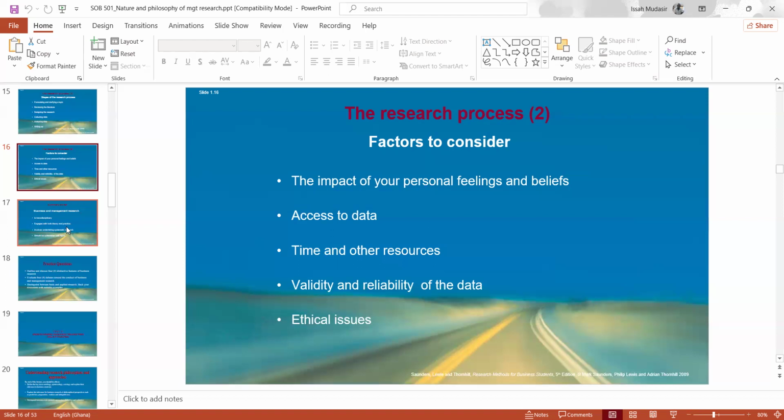In other words, you said that you are going to analyze determinants of customer satisfaction. And then at the end of the day, when I go to your research findings, you are talking about factors that lead to, say, worker motivation. There's a disconnect, a complete disconnect.